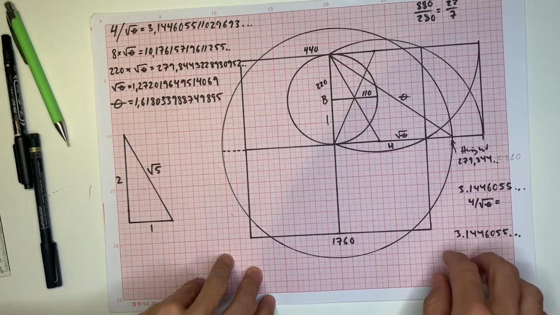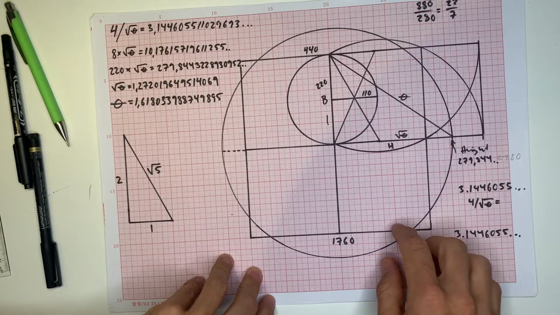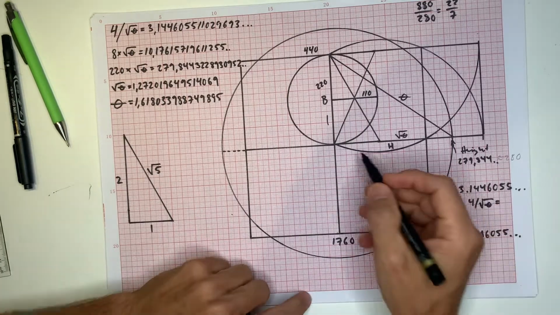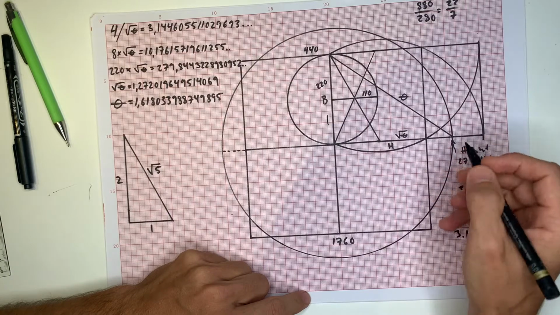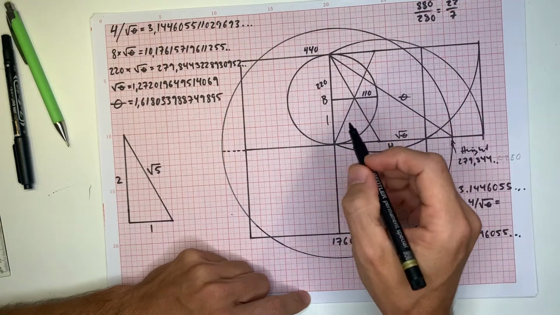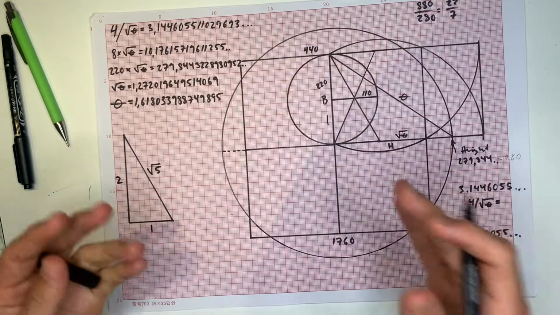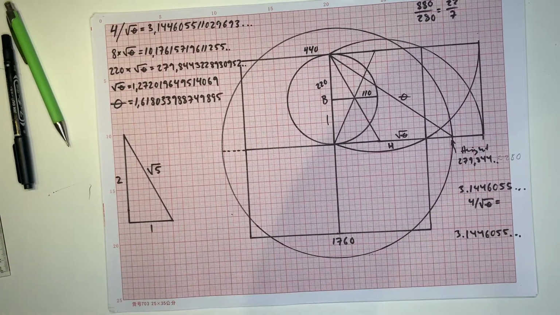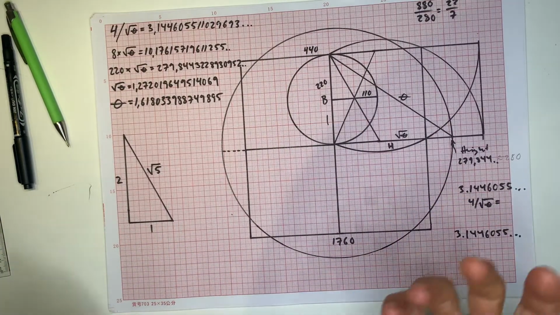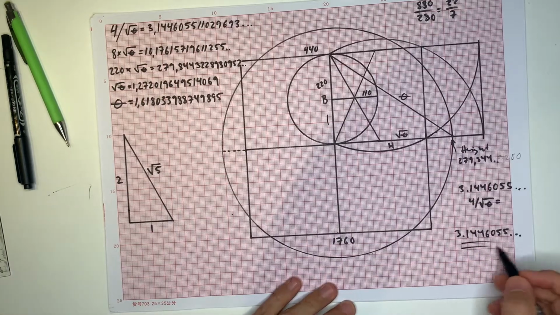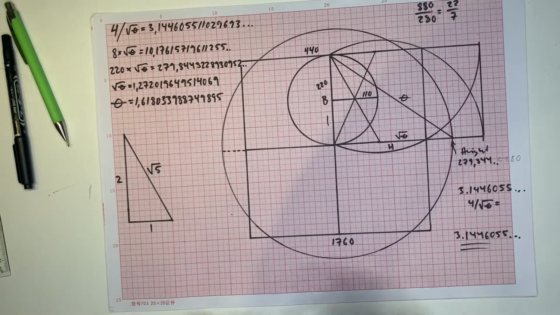This is a numberless way of arriving at the proportion of the Great Pyramid, where the height of the Kepler triangle here is the height of the pyramid, and these four squares are the base. And the relationship of that comes out as 3.144.